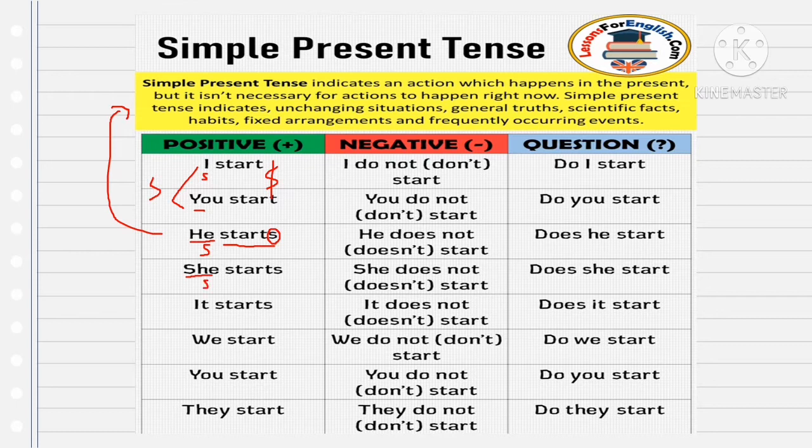Another, singular si she, meaning to say, it requires singular verb which ends with S. Another singular si it ends with S, singular verb. On the other hand, we start plural si subject, meaning to say it requires a plural verb. Wala dapat S.